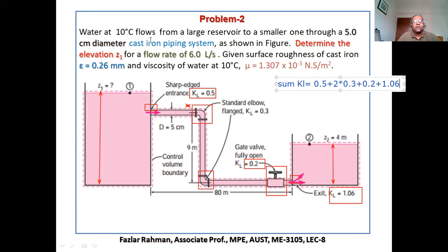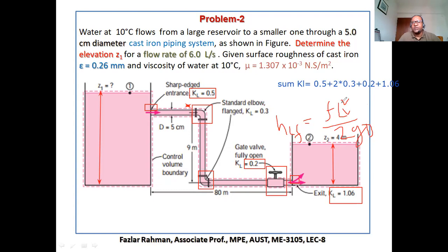Now, how will we get the total head loss? That means HLF. We know the formula: f L V squared divided by 2gD, right?